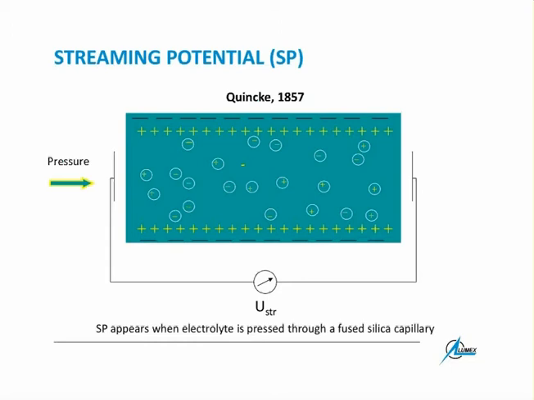Otherwise, we won't get reproducible results. With the help of measuring streaming potential, we can say whether the capillary is in the same state as in the previous run, or the state has changed. If it has changed, we use an additional washing or rinsing procedure in order to put it in the necessary state. If it is in the same state, we just continue the analysis, and thus we get very high reproducibility.